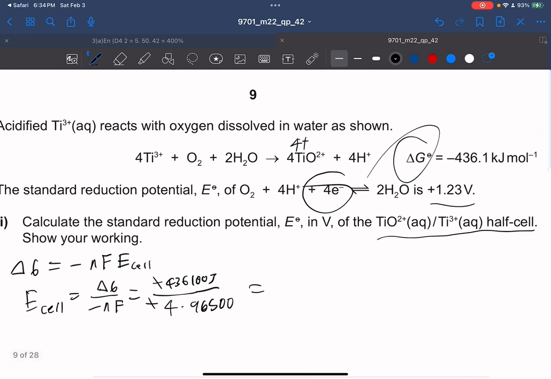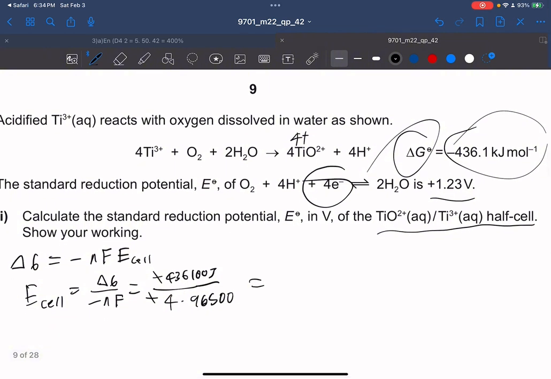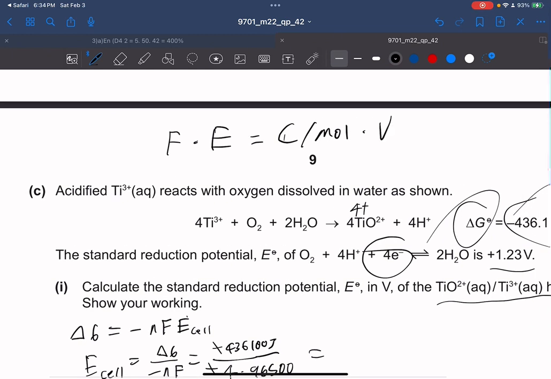Again, the reason why I'm converting this into joules is because of the unit of Faraday's constant and E cell. So F times E is gonna be coulomb per mole times volt, so it's actually joule per mole.